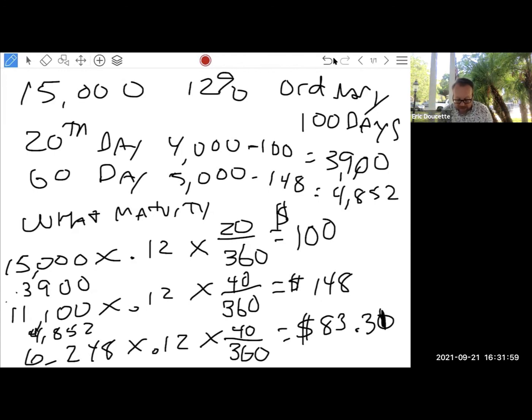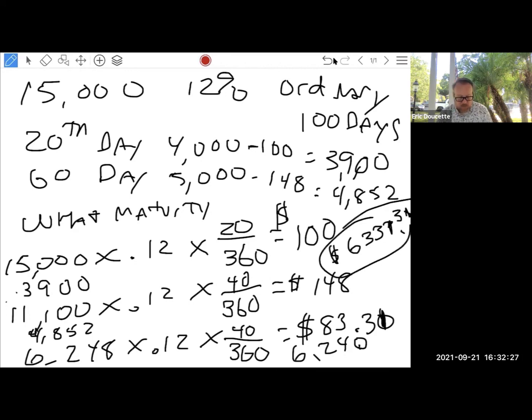So I would add that to the $6,248. So 83 plus 6,248 equals, so my maturity value was $6,331.31.